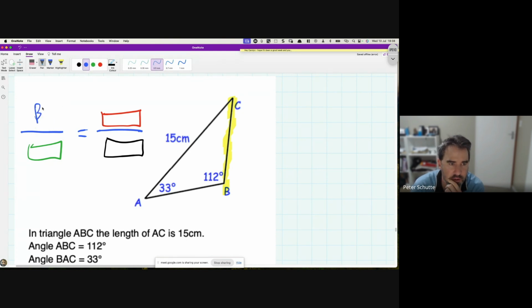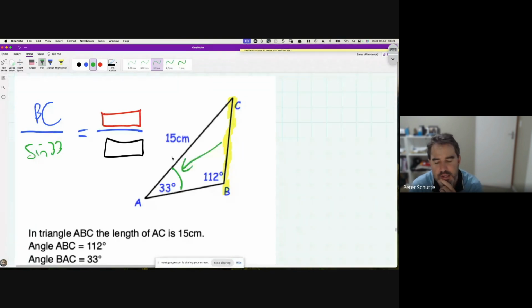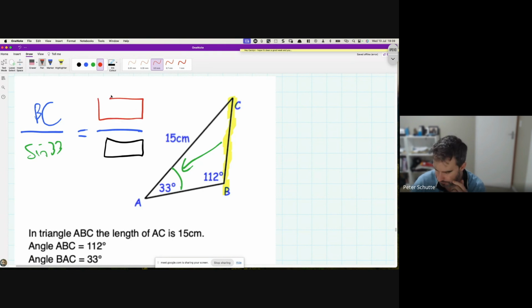So I'll start by writing BC over the sine of 33 because it's opposite there.